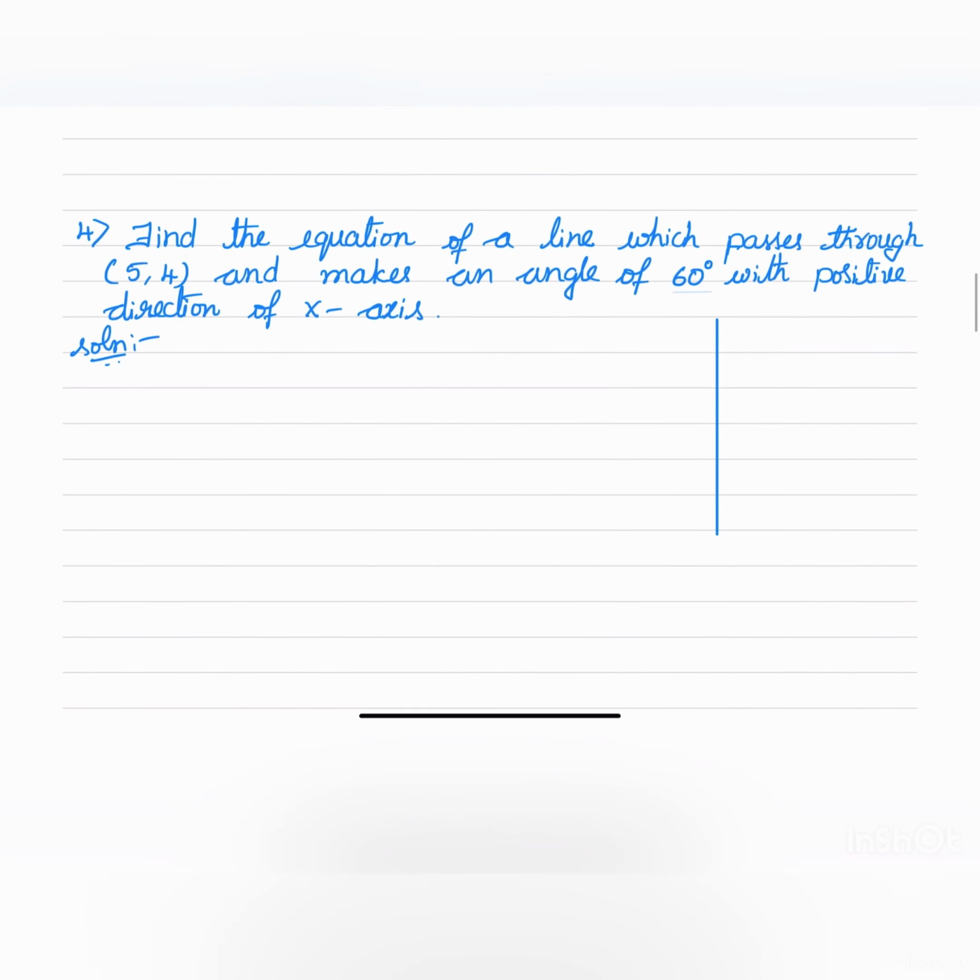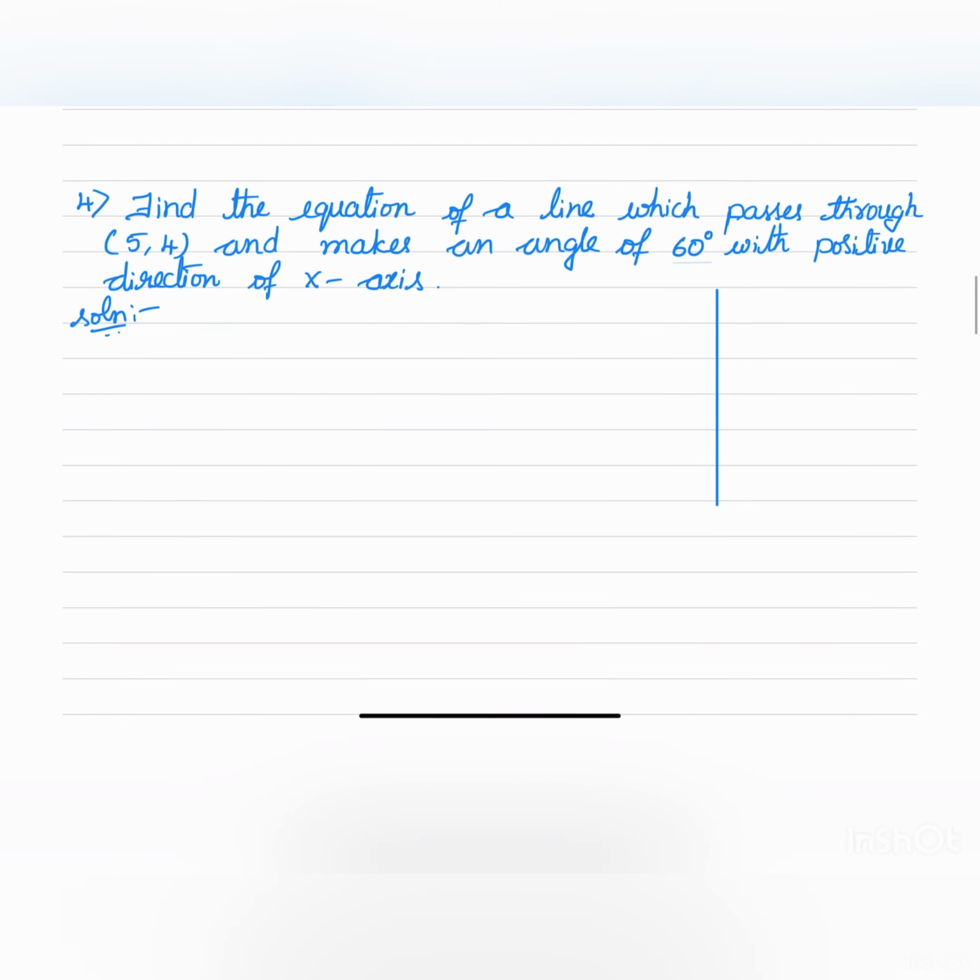Let us go for the next one. Find the equation of the line which passes through (5, 4) and makes an angle of 60 degrees with the positive direction of the x-axis. We have a point, that is (x1, y1), they have given: it is (5, 4).